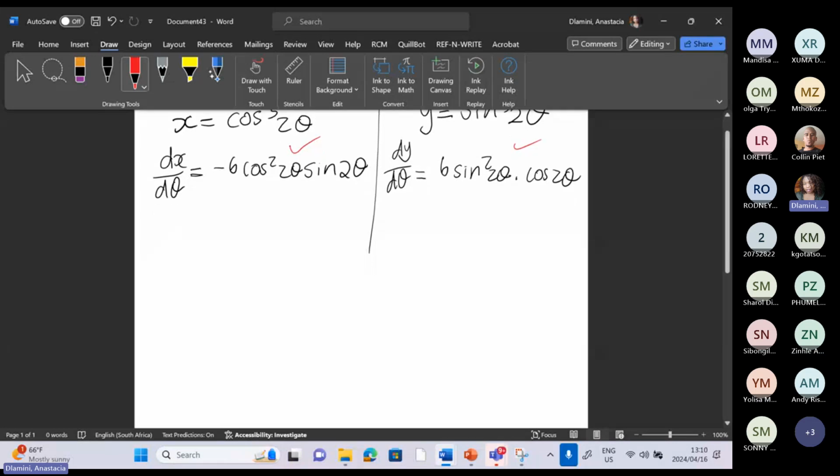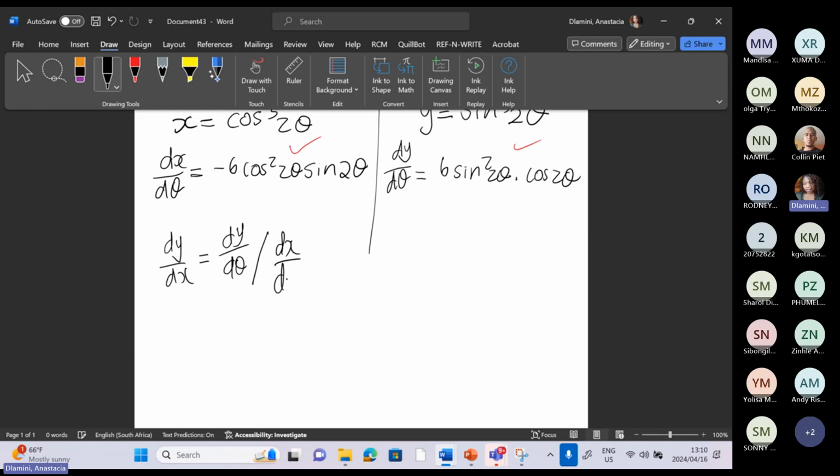Okay. Dy over dx. How do I find dy over dx? Formula first, remember: dy over d theta divided by dx over d theta.